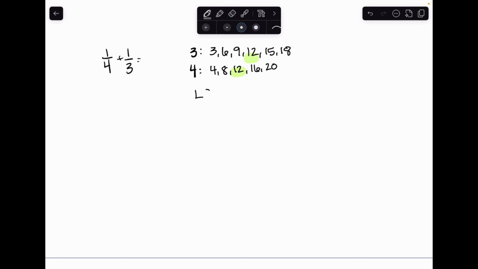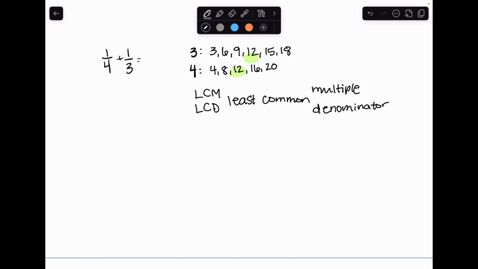This is called the LCM or the LCD, the least common multiple or least common denominator. You might see one or both of those when you're learning about fractions, but they mean the same thing.